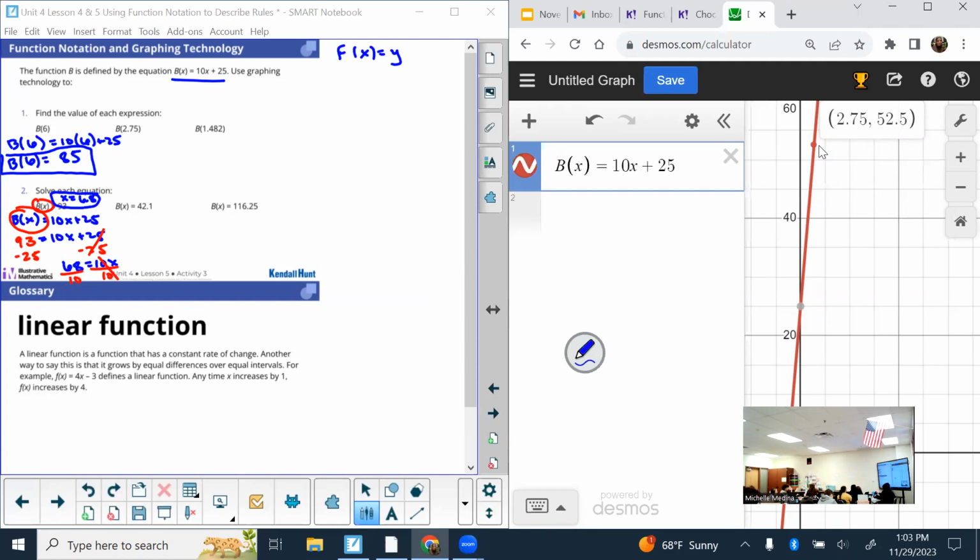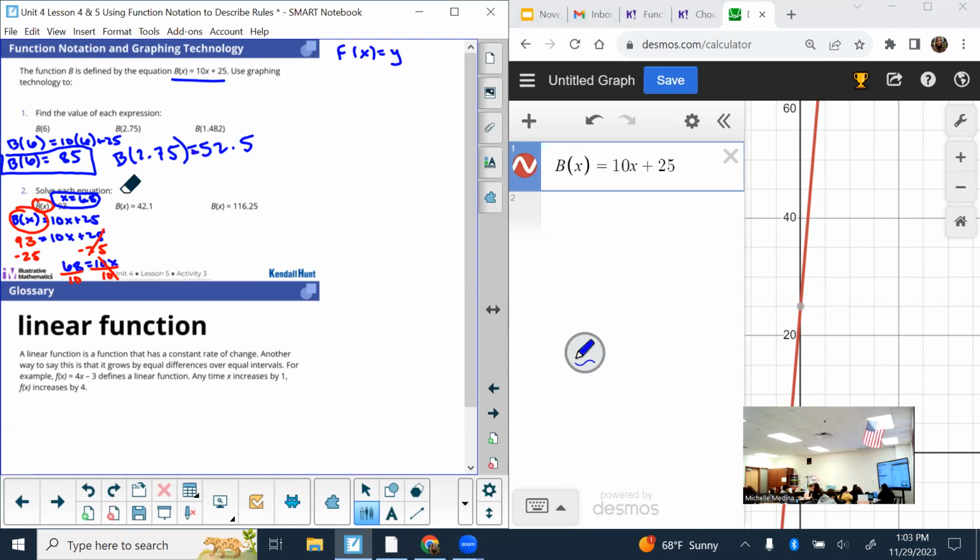All right, everyone listening, everyone look at the screen. When my input is 2.75, what's my output? 52.5. So 52.5 when my input is 2.75.